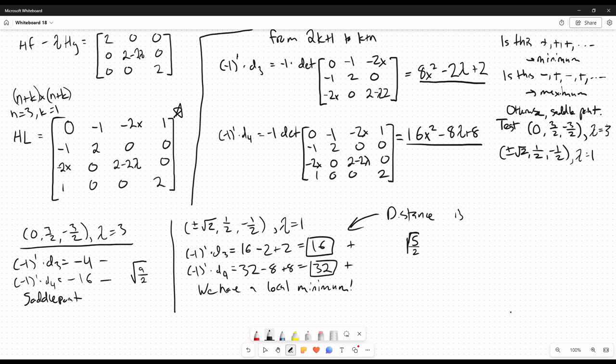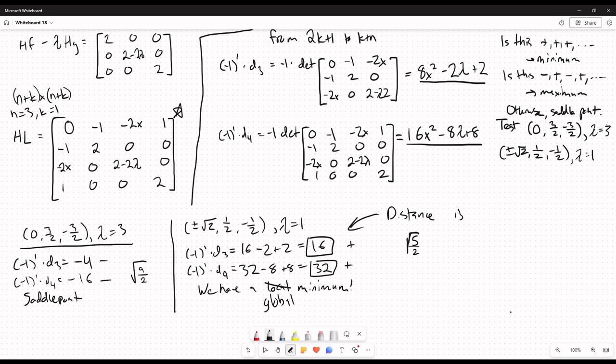So we actually see that this is a local minimum, and it's fairly clear to see that this is also a global minimum. Justifying that is easier said than done, but there's no reason to believe there's an infinite number of points super close to the origin.